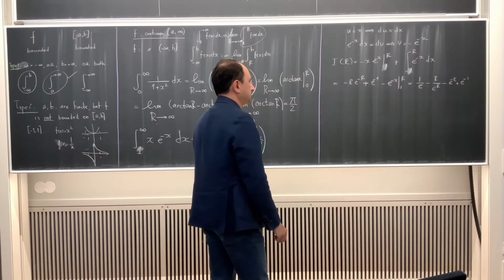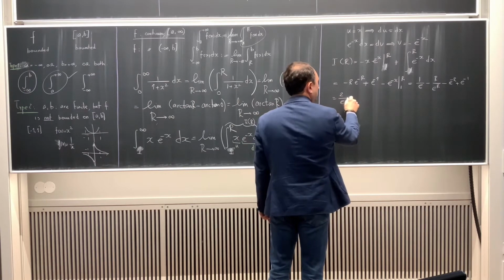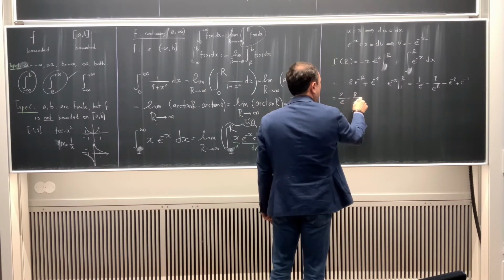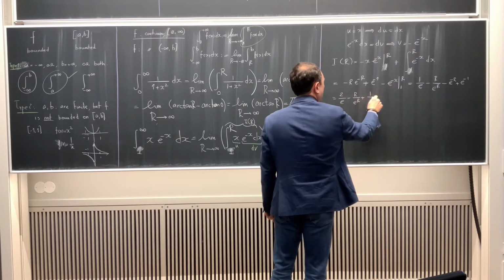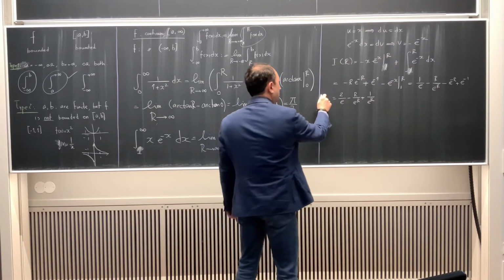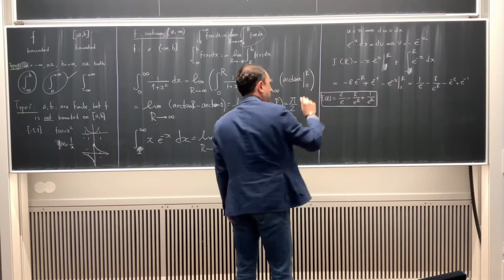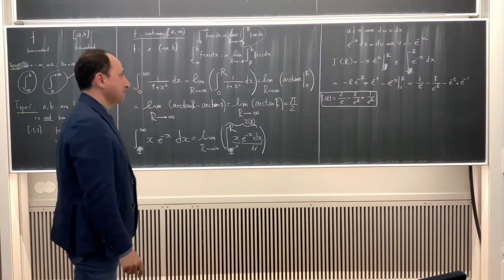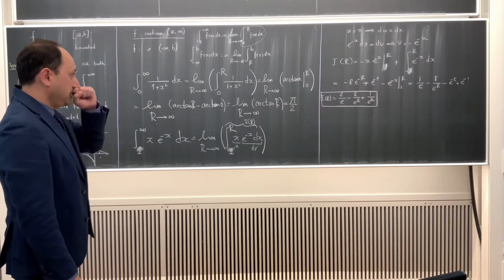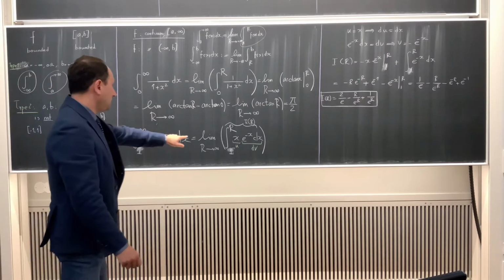Am I right? Yes. So at the end, this becomes 2 over e minus r over e to the power of r plus 1 over e to the power of r. So this is my I of r. Do you agree? Double checking. Yeah, that's correct.